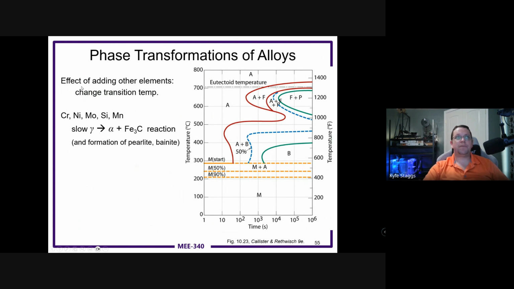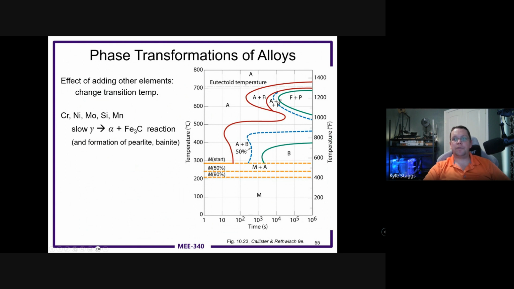So it's going to shift where the eutectoid temperature is, though it's still going to be the same because it's the same material. But now you can have some formation at higher temperatures or just below the eutectoid point. So depending on how long is spent there, you can start to have additional phases form.